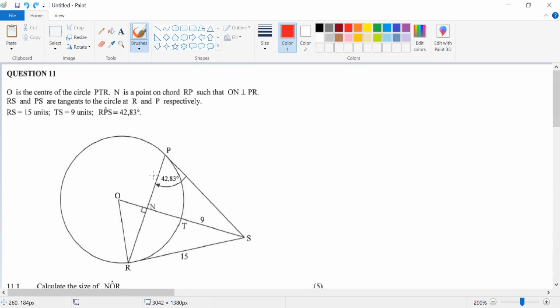And then they give me a bunch of different lengths and one angle. So when you see the lengths, it's probably going to be because you might have to use the theorem of Pythagoras, because that's usually what's going to tie in with Euclidean and stuff like that.